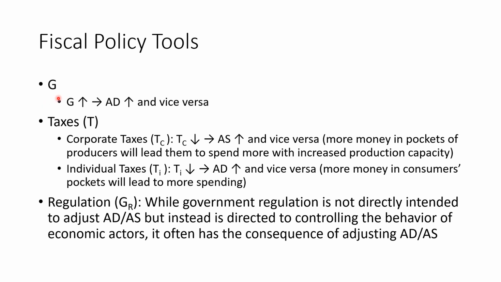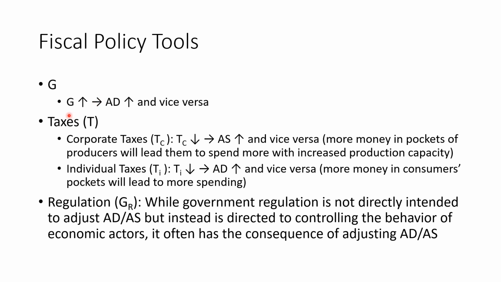They function a little bit differently, but at our level, at what we're dealing with here, just the basics of economics, we don't need to deal with those differences. And so if government spending is up, that pushes the aggregate demand curve out. If government spending drops, that brings the aggregate demand curve in. Government spending will also have an effect on aggregate supply, and we'll kind of see how that is. But primarily, they're going to be the ones that adjust aggregate demand.